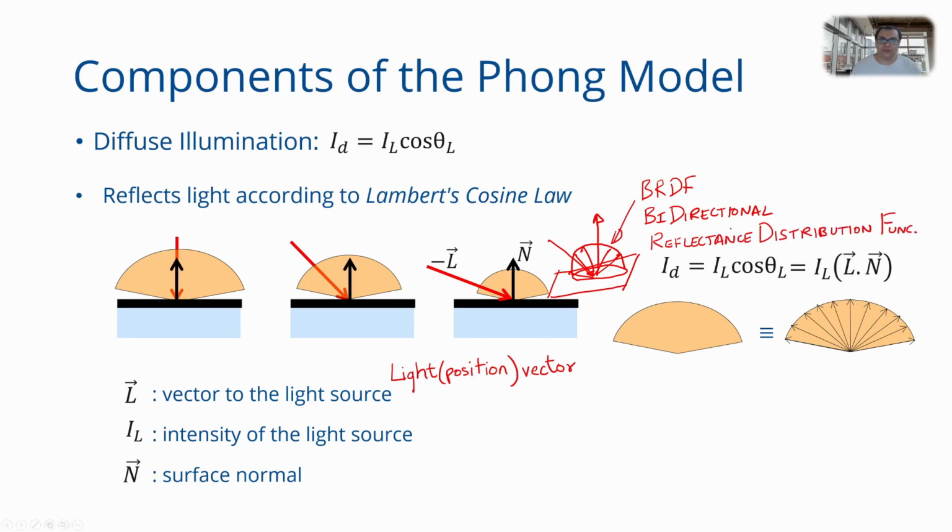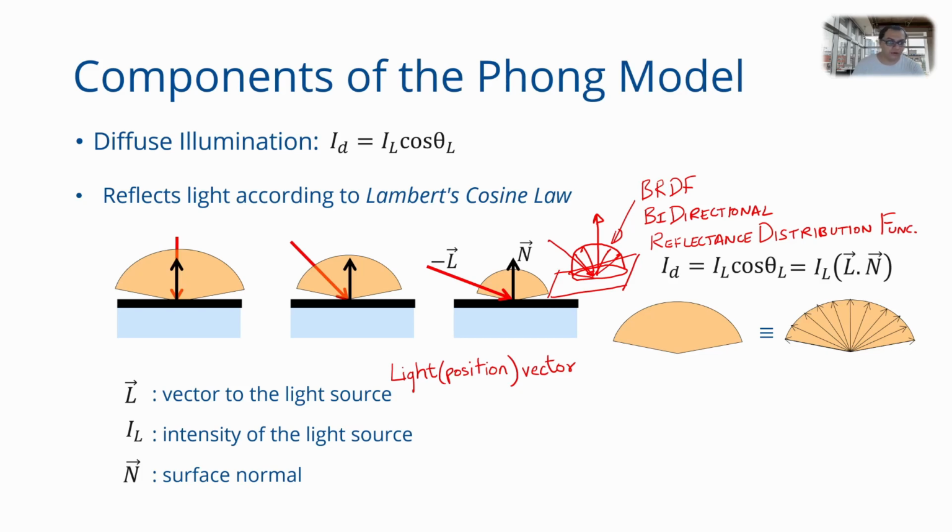It tells you how the reflected illumination is distributed in space around the surface point, given the normal at the surface point and the direction of incident illumination or incident light. Okay, so given L and N, in what directions is the reflection happening? And the answer for a diffuse surface, or an ideal diffuse surface rather, is that it happens in all directions equally.